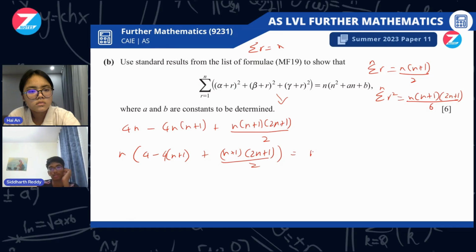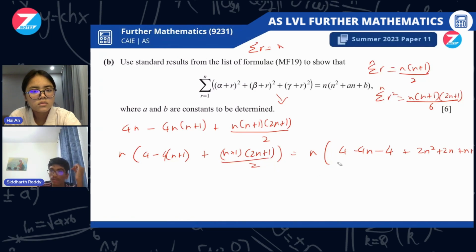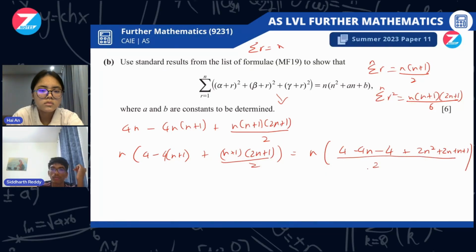So we can write this as n into 4 minus 4n minus 4 plus 2n squared plus 2n plus n plus 1, divided by 2. Sorry, only the last bit is divided by 2.